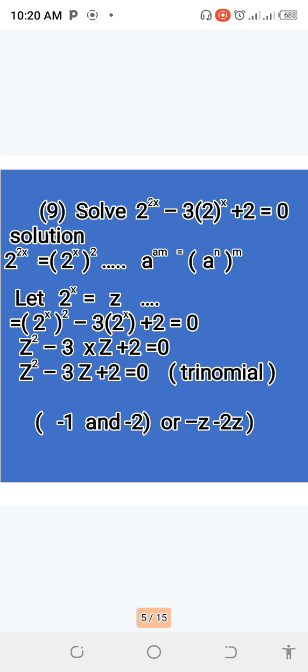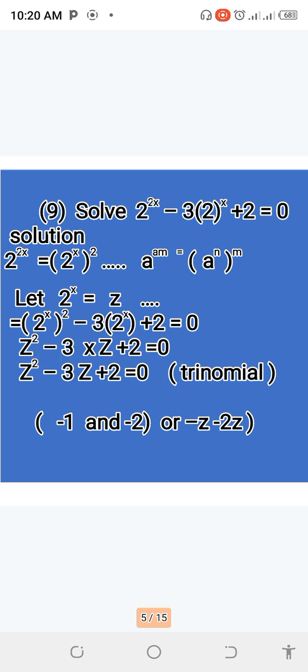Now, let 2 exponent x be z in the equation. So anywhere we see 2 exponent x, I will replace it with z. Let 2 exponent x equal z.